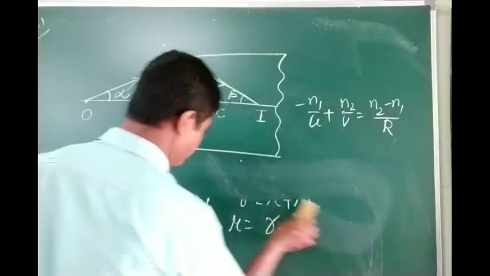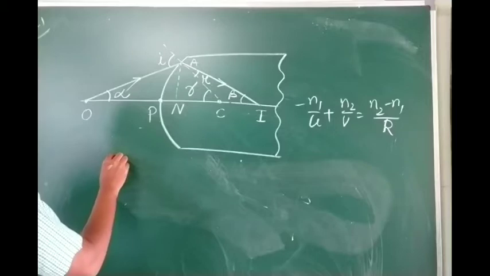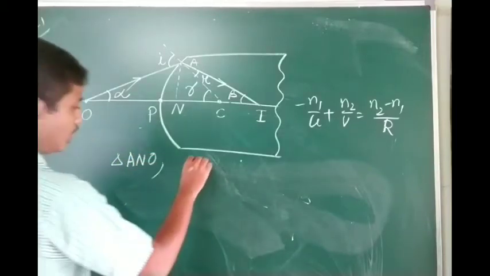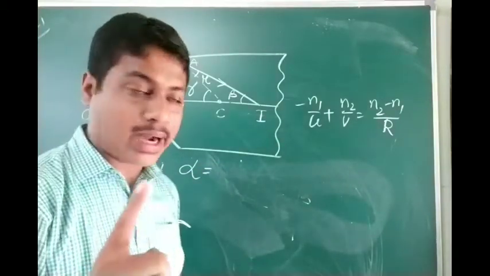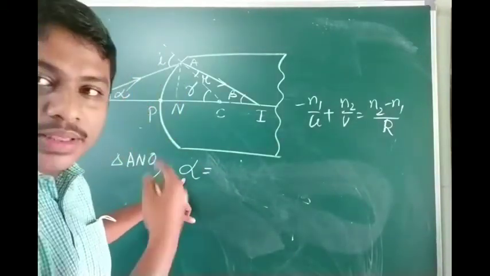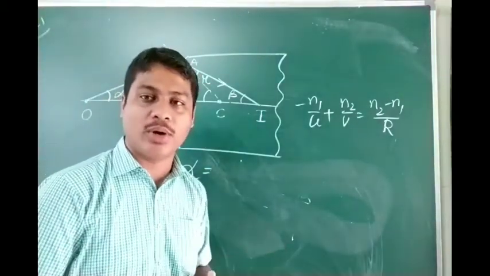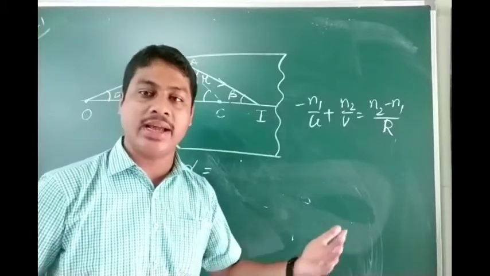From the triangle ANO, your alpha angle will be, you have to use tan theta. So tan alpha, because the angles are very small, in ray optics what we used to do, if the angles are small, we don't consider tan, sin and cos, we directly write the angles.